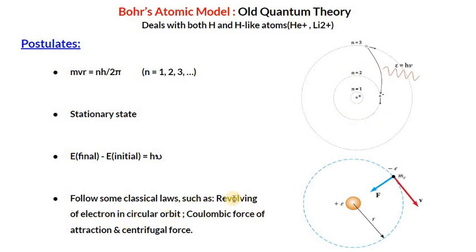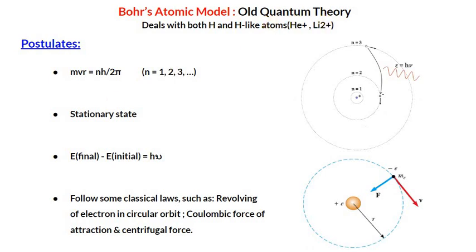So we can use some classical laws to develop this Bohr atomic model, like Coulomb's law of attraction and centrifugal force. These are all classical laws. The theory of quantization is a quantum mechanical concept, while the revolving of the electron, Coulombic force of attraction and centrifugal force are classical mechanical concepts. That's why Bohr's atomic model is a product of old quantum theory.